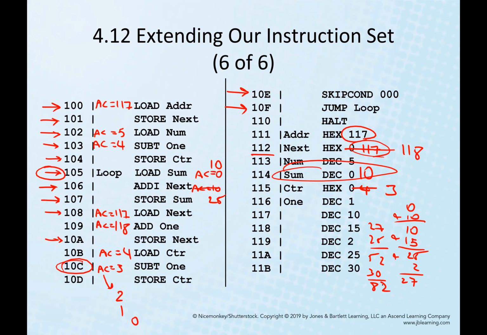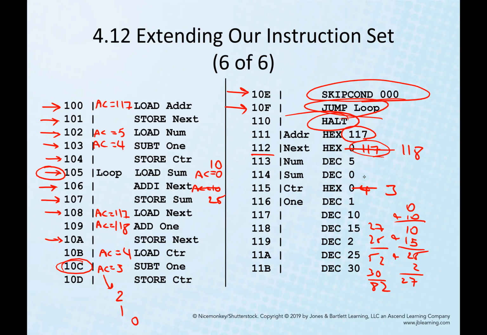After the 5th time, what's happening? When we check the skip condition, this time the accumulator has a value of 0. So we jump the next instruction and we halt. And what is the output of this program?